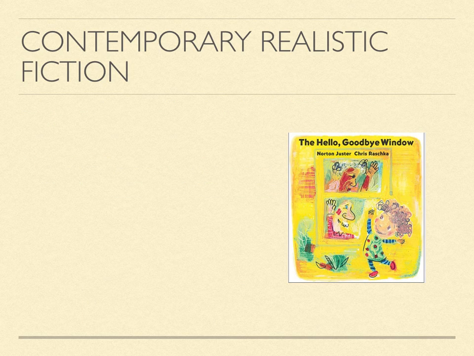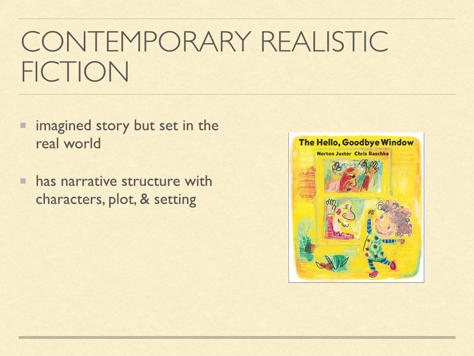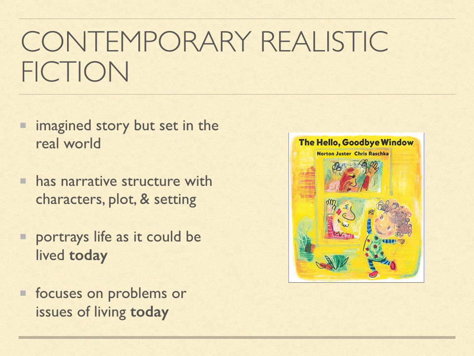So the first genre I'm going to talk about is contemporary realistic fiction. Contemporary realistic fiction is imagined, but it is set in the real world, so it could really happen, but it is made up. It has a narrative structure, it has characters, it has plot, it has a setting. It portrays life as it could be lived today or near today, and also sometimes it focuses on problems or issues of living today.